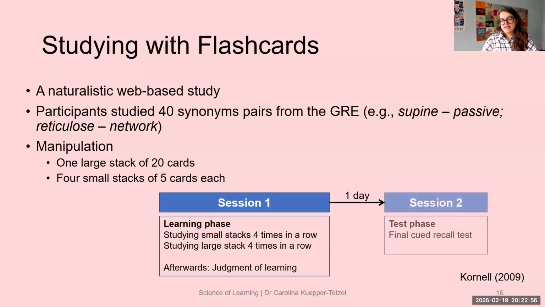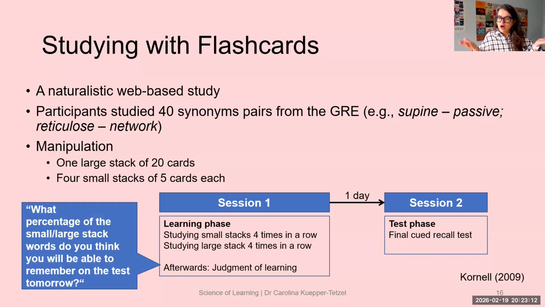And a day later, they had a final test on the words. After studying, what we like to do in cognitive psychology is we like to ask the learner, what do you think? How well will you do on a future test?